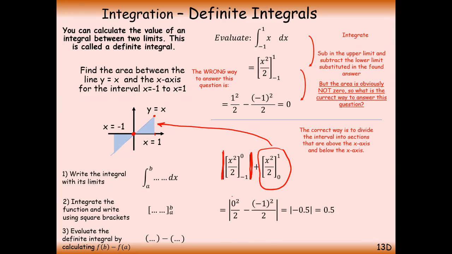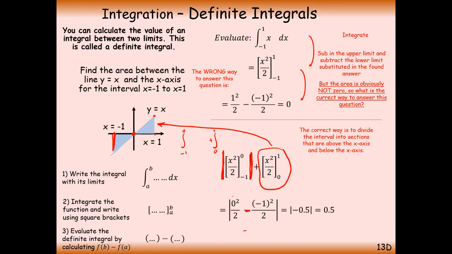So once we integrated this area, which comes out to be a minus here, I broke this integral into two separate regions. I integrated between minus 1 and 0, and then I added the integral of 0 to 1.